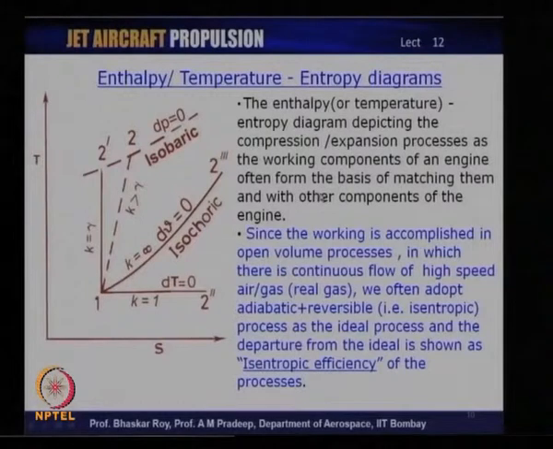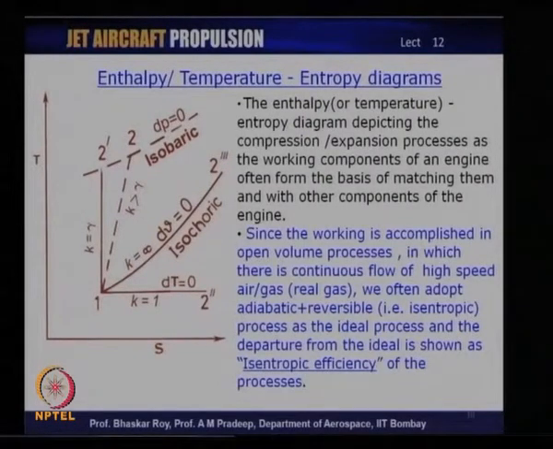Now, in case of the compressor that we are talking about in typical jet engines, the work of compression is accomplished in an open volume, and there is a continuous flow of high speed air or gas.